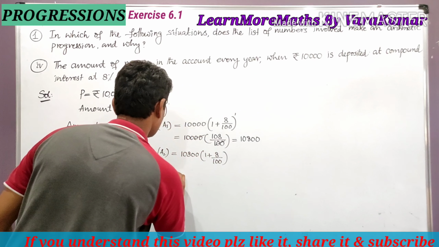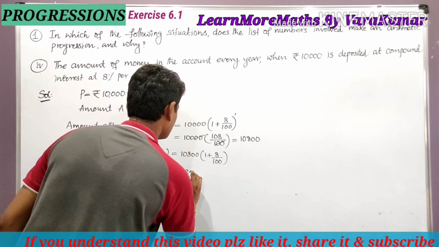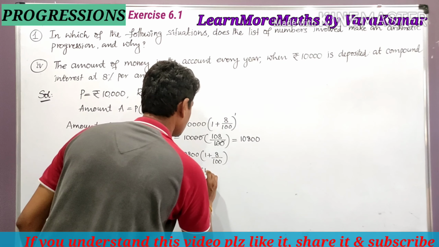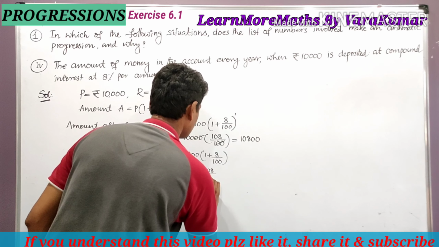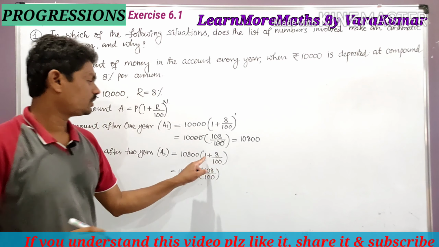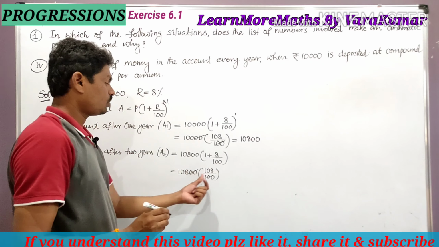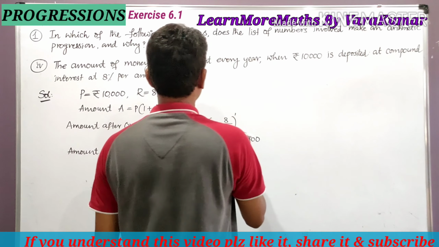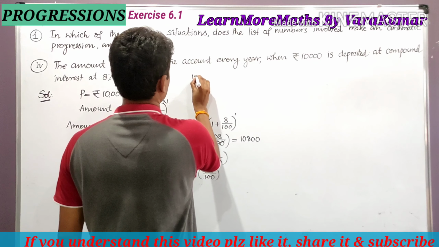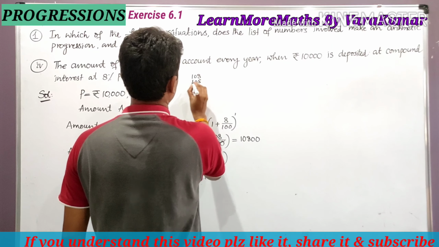Same, student. Here we write 10,800 into, again here also 108 by 100, student. 100 into 1, 100 plus 8, 108. Again these two zeros get cancelled. 108 into 108 we have to multiply, student. Here I am multiplying 108 into 108.